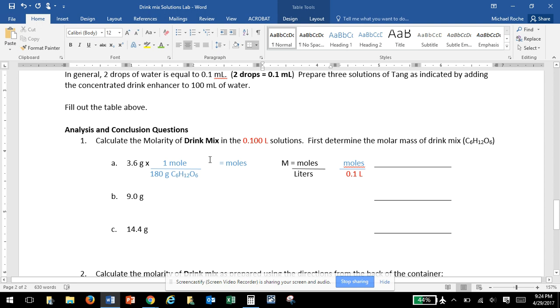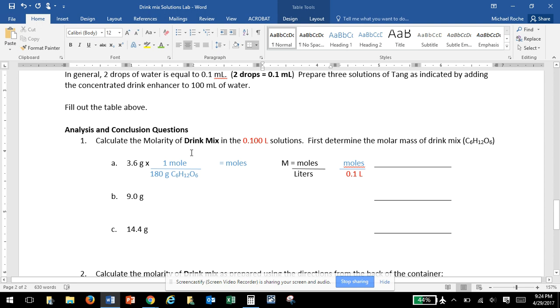To convert grams to moles, we need this periodic table moles over grams. And if you add up 6 times 12 and 12 times 1 for hydrogen and 6 times 16 for oxygen, so 6 times 12 is 72, plus 12 plus 6 times 16 is 96. So you add all that, you're going to get 180 grams, and that's in 1 mole.